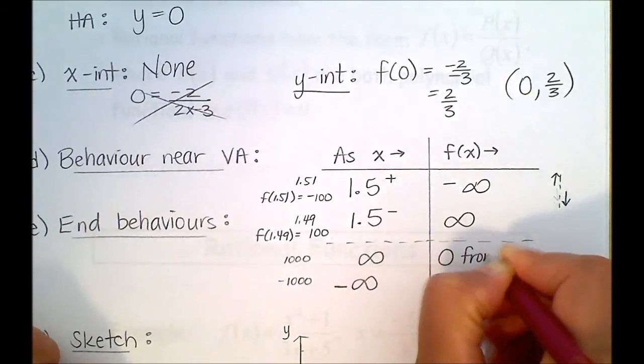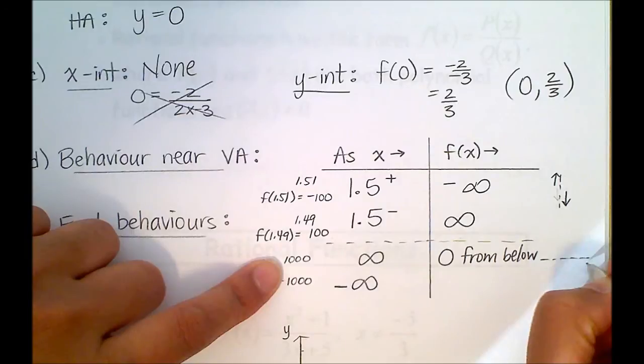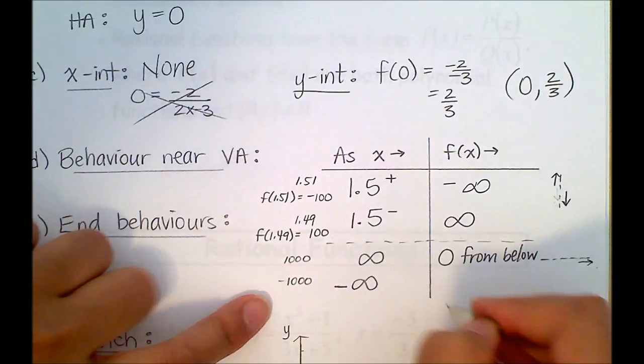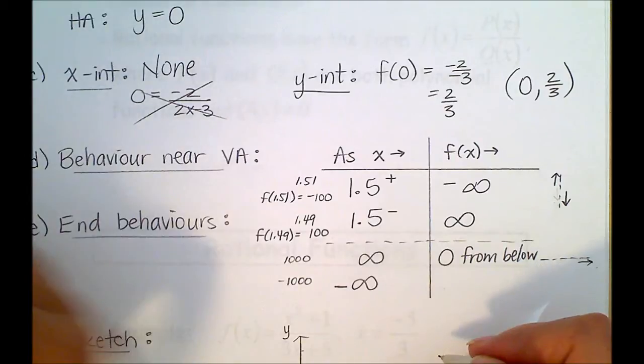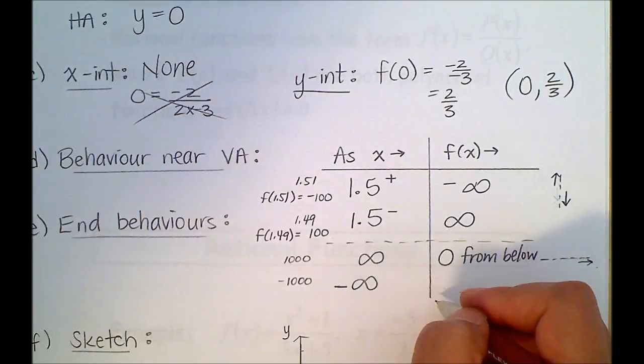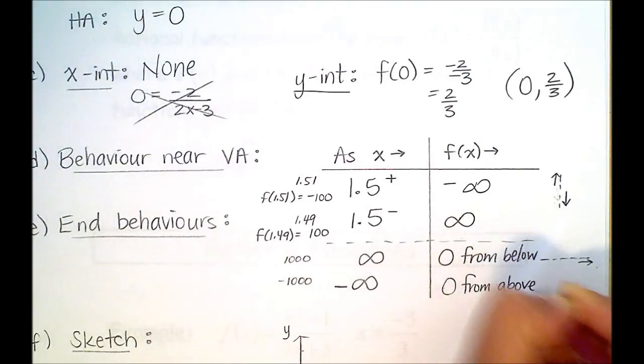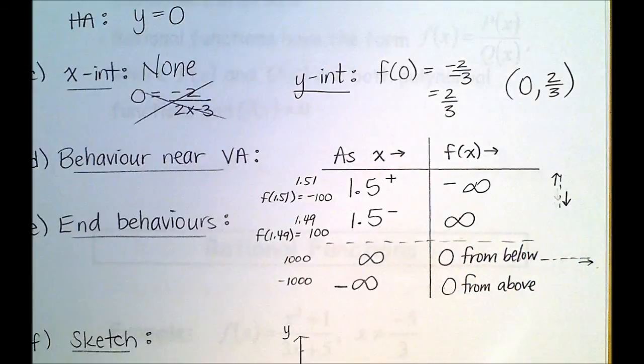As I approach positive infinity, it's approaching 0 from below, so it's going to be down here. And then as I approach negative infinity for x, the function is going to approach 0 from above. It's a value of y that's just above 0, but it's positive. So the function is approaching the horizontal asymptote from above.